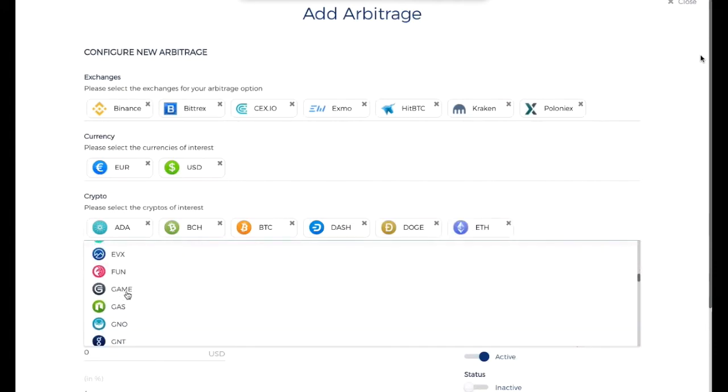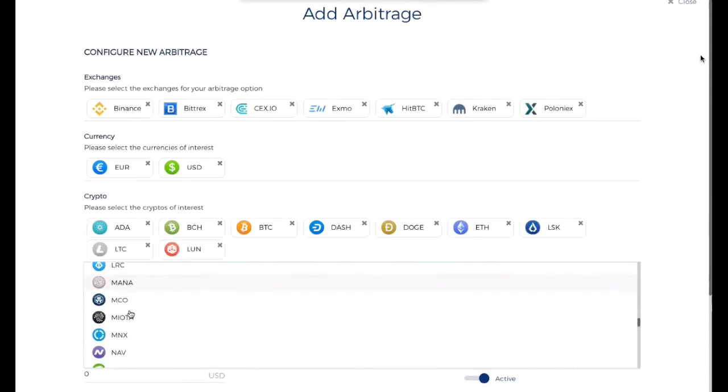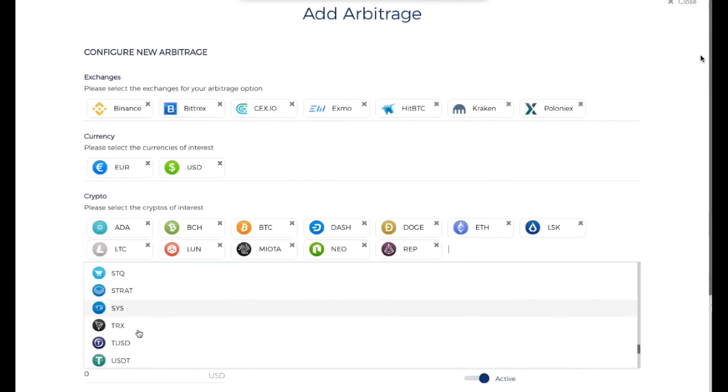I choose, and now it is important that if I don't have, for example, Zcash in the portfolio, I still choose it. I will now explain why. Because if it isn't there, then nothing will happen. And if I choose it here, then the program will tell me certain things that we will see.